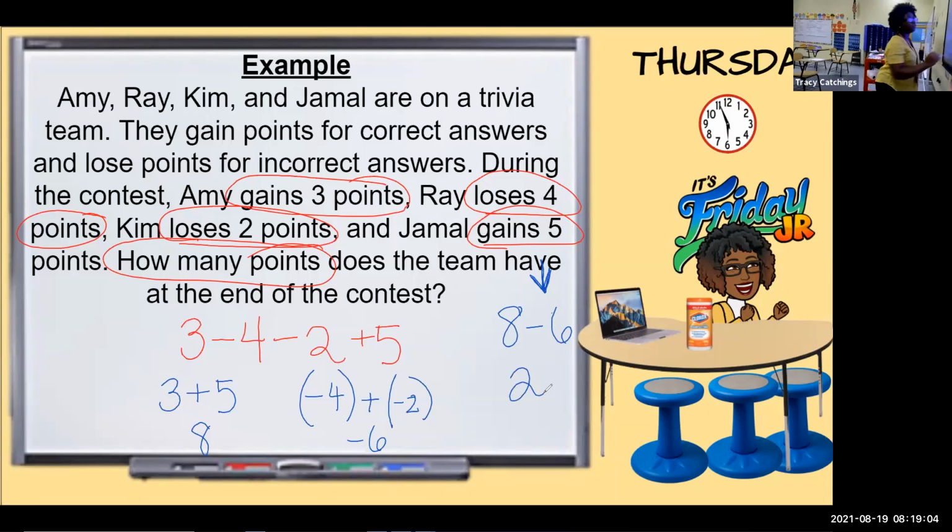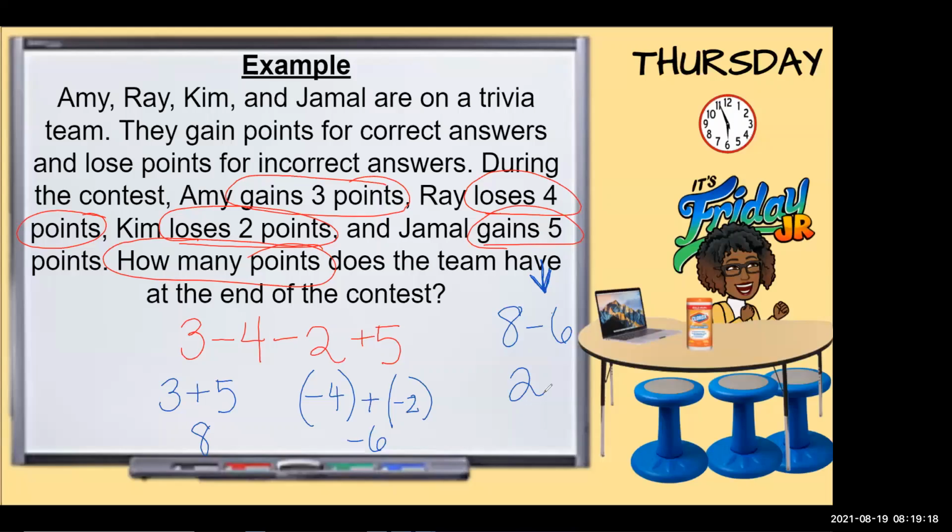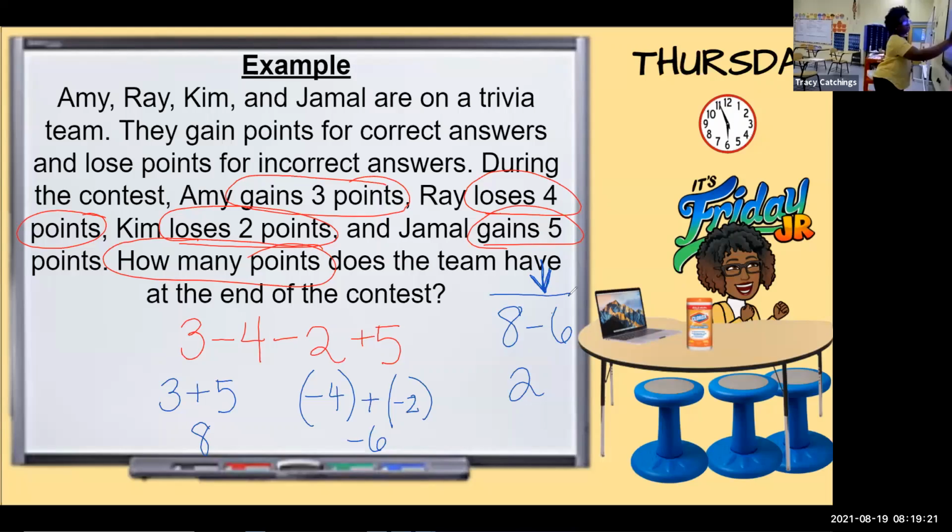Would that be positive or negative? Good job, positive. And it looks like what you've been looking at since lower elementary. So when they look like that, just go ahead and do that simple computation that we remember from then, which will give us 2 points. So this team gained 2 points.